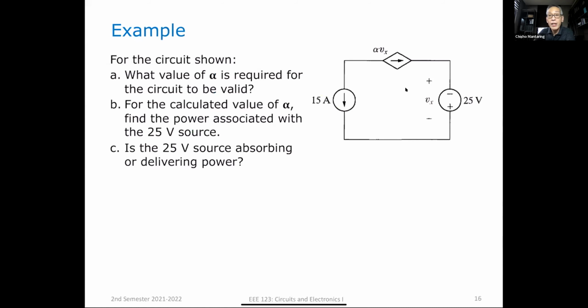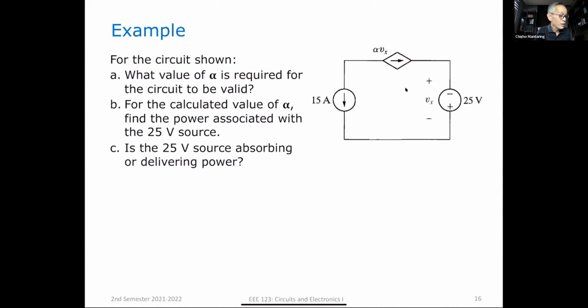Okay, here's a very trivial example. For the circuit shown, what value of alpha is required for the circuit to be valid? First of all, we identified what this was last meeting. What do you call this? What type of source is this? Anyone?